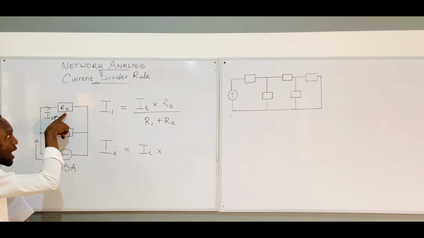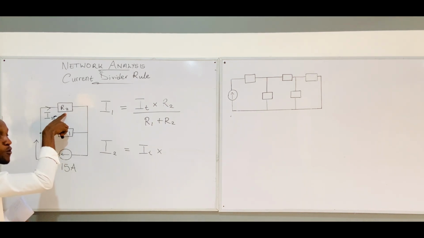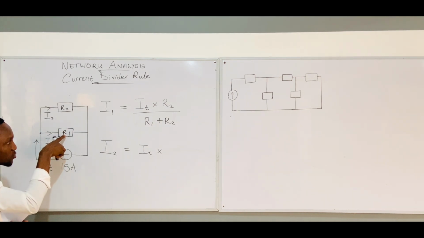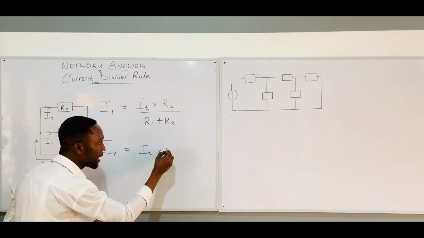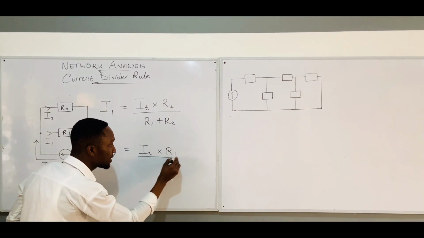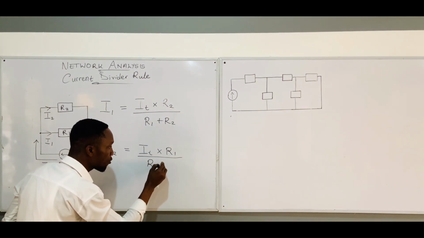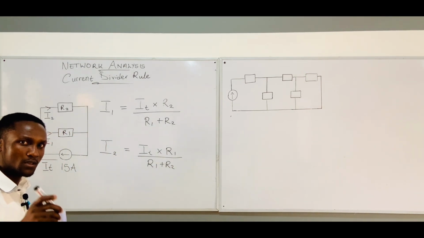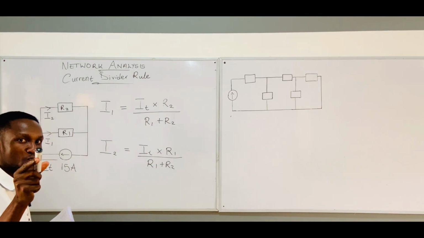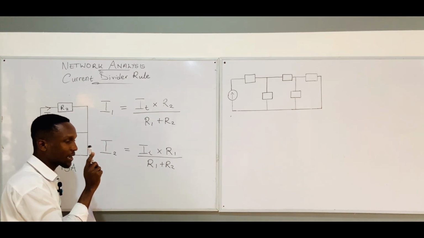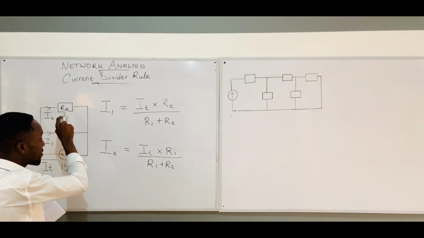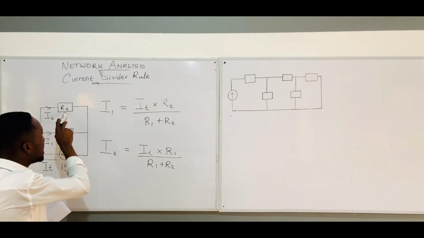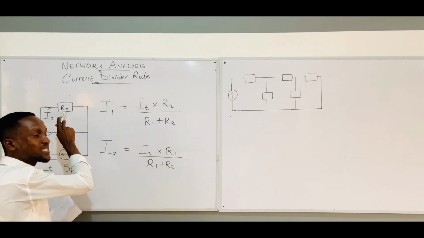I will not use that one, but I will look for its opposite resistor, which is R1. Write it here, and divide the result by the same R1 plus R2. Are you getting the concept? This is what the definition was saying, that the current entering through that branch will be inversely proportional to the resistance of that branch.